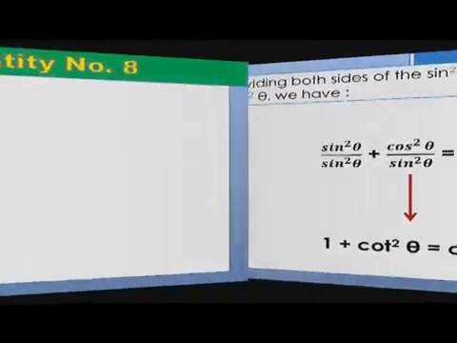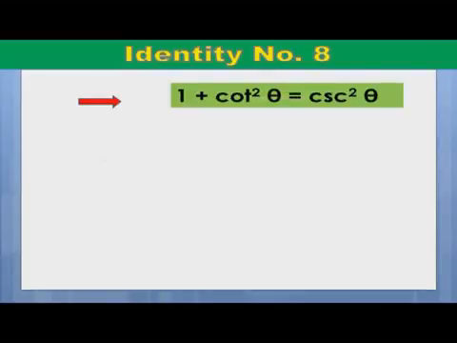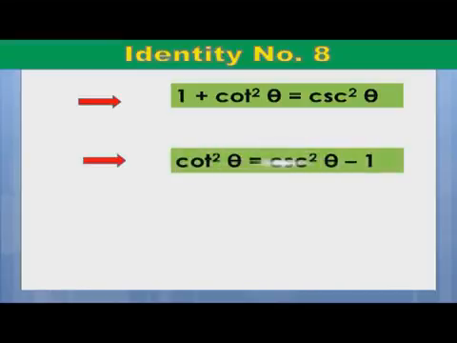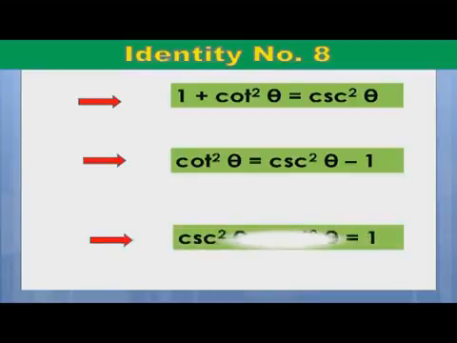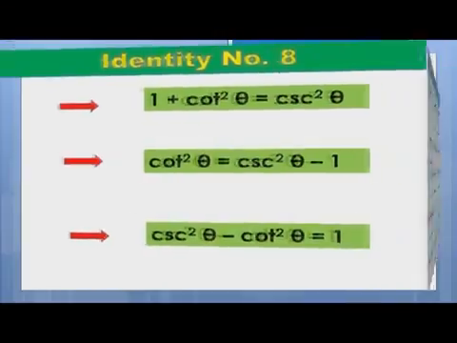The last identity is identity number 8: 1 plus cotangent squared theta is equal to cosecant squared theta, and cotangent squared theta is equal to cosecant squared theta minus 1. It can also be written as cosecant squared theta minus cotangent squared theta is equal to 1.